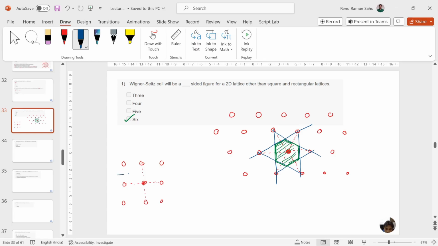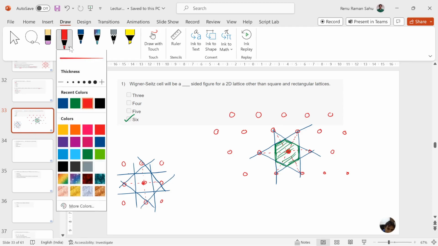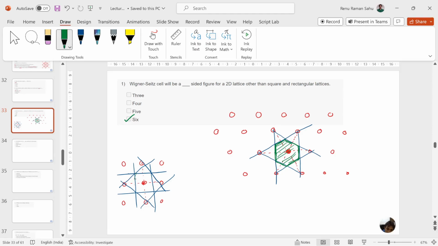The perpendicular bisector of this line is this, and of this is this. You can see what is happening. The structure that you get in the case of a square is again a square. Okay, so that is the thing.